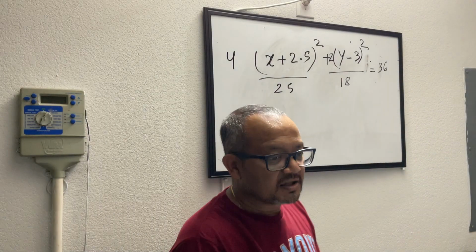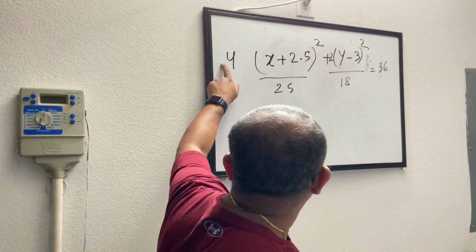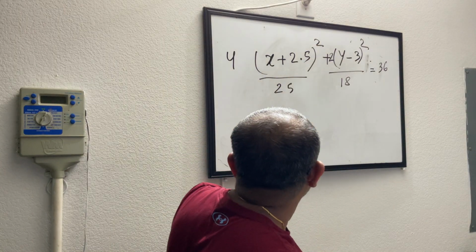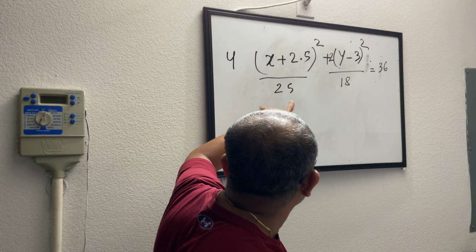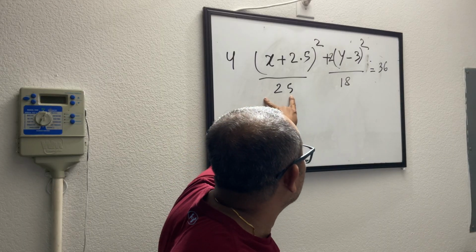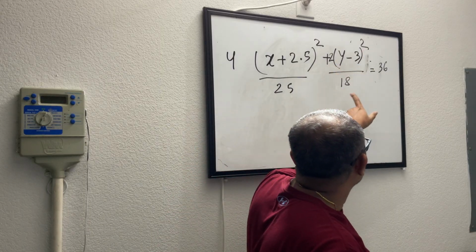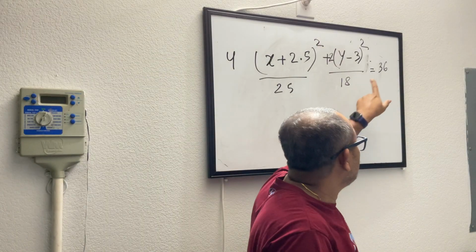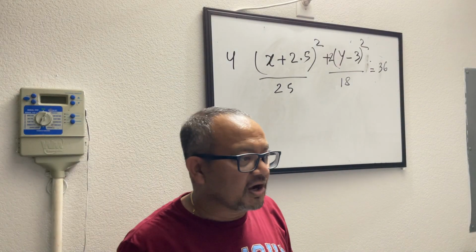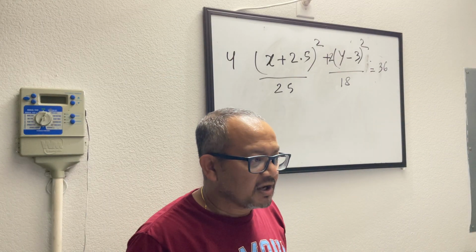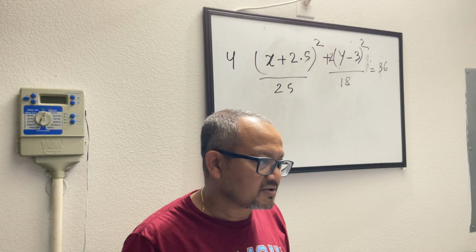Okay, this is the equation: 4 times (x plus 2.5) squared divided by 25 plus 2 times (y minus 3) squared divided by 18 equal to 36. Find out the coordinates of the center and the minor and major radius.